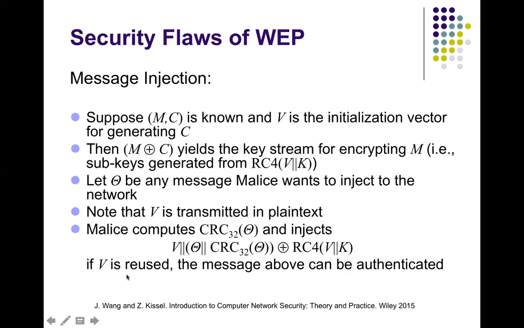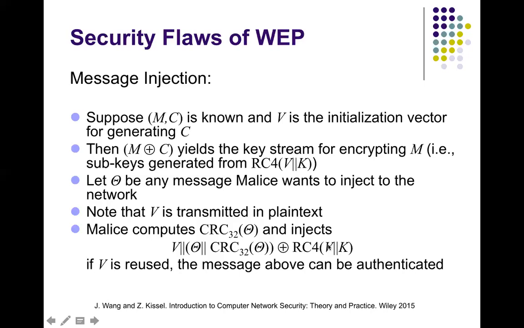So that means what Malice needs to do is to wait for this particular initial vector to be reused to inject this packet. And this packet now will be considered legitimate by the AP and other STAs.